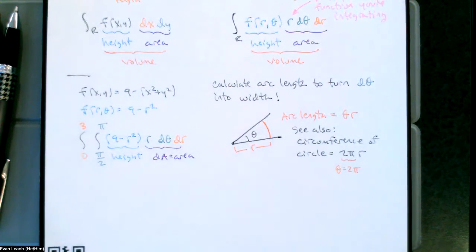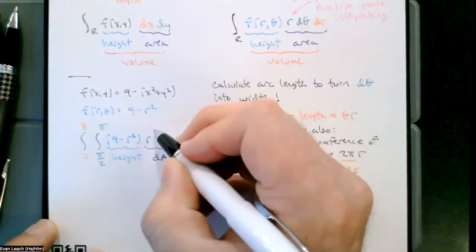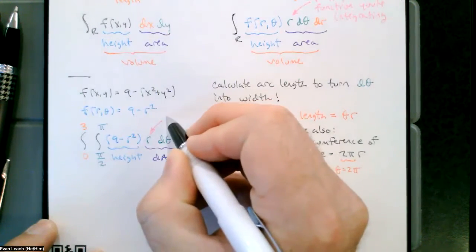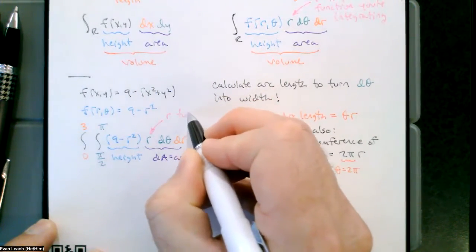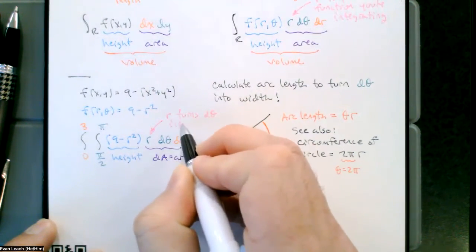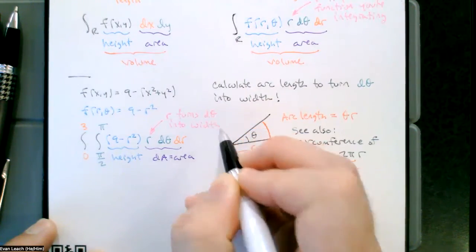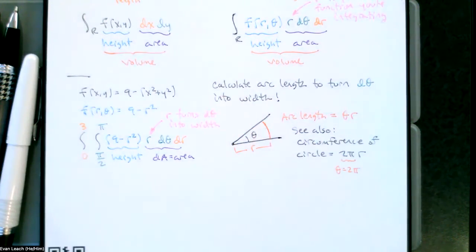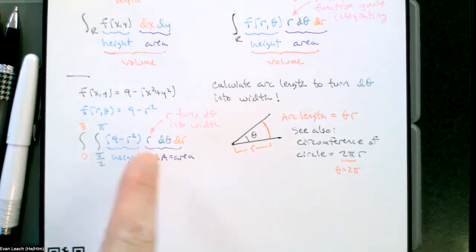I need that extra factor of r to turn d theta into a width, so that we can make an area times height. When we go to integrate, I'm going to include the r with my height function, and that will be what we integrate.